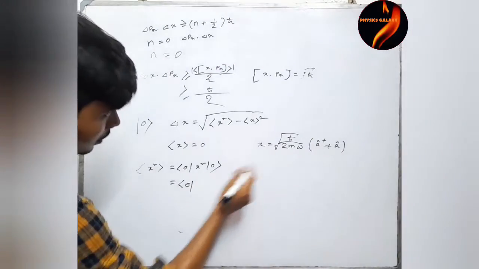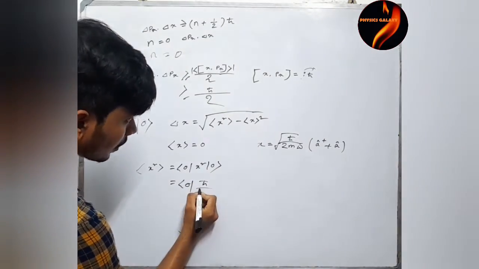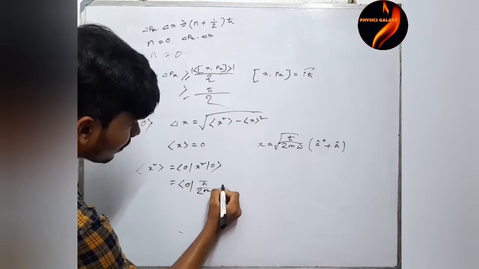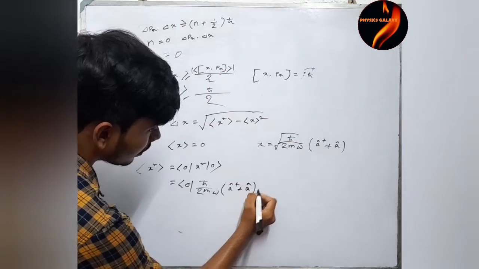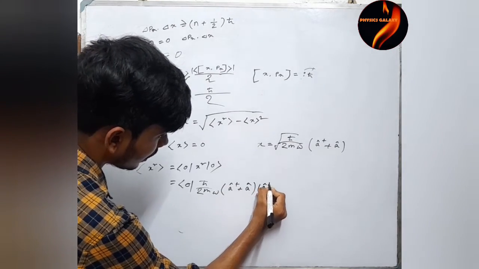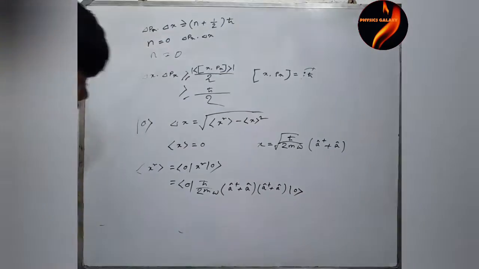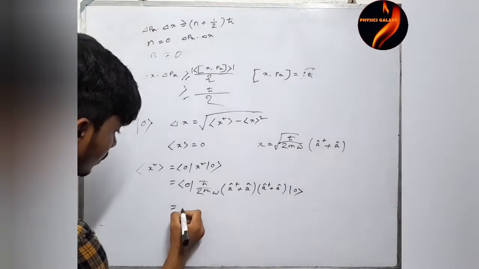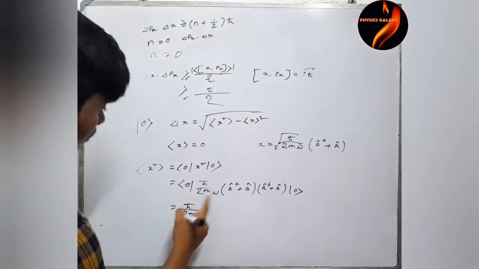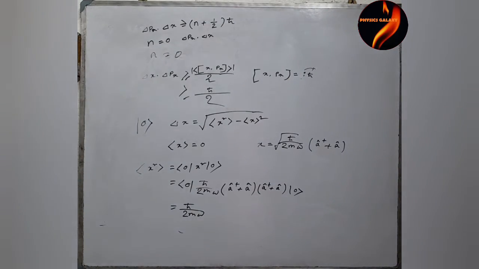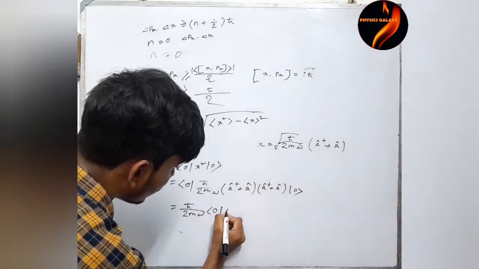If we write these expressions here, it will be h cut by 2m omega into bra of 0, (a dagger plus a)(a dagger plus a), ket of 0. H cut by 2m omega comes out from these expressions.